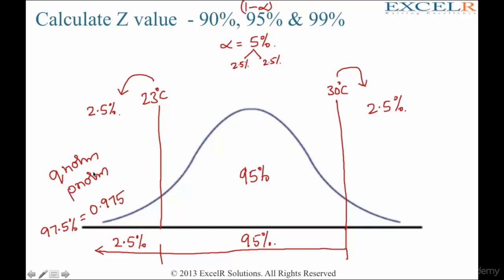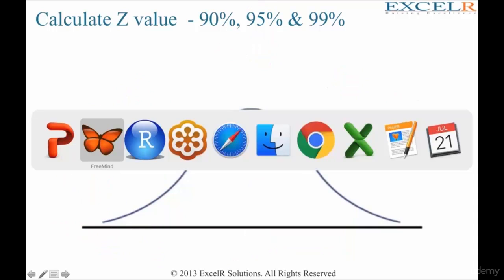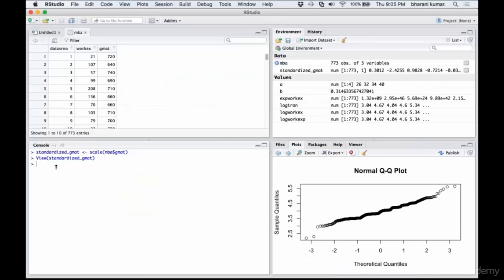But here we're using the other way around. So let us try to do this using R. It is qnorm of 0.975, and you get 1.959, right? You can round it off to 1.96 roughly.